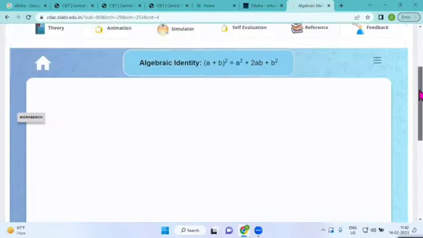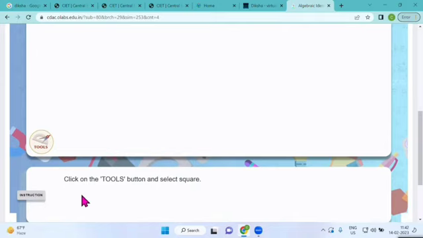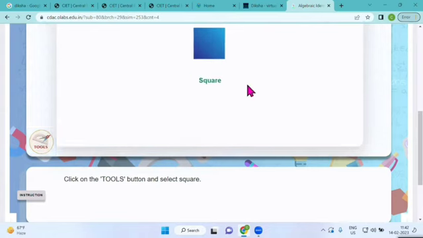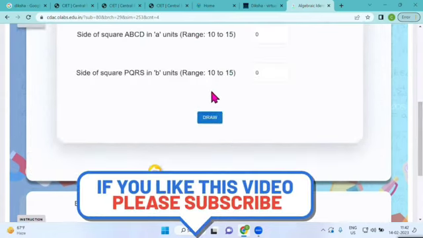We have a screen, and below we have the instruction: click on the tools button and select the square. So we will click on the tools button and choose the square. All the ranges are given.